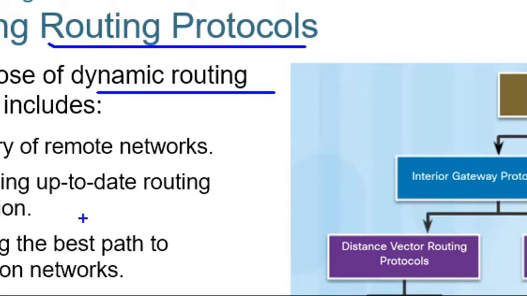They update their own routing tables when they exchange routing information. Next, using that up-to-date routing info, they can choose the best path to destination networks, and they gain the ability to automatically find a new best path if, for example, a current path is no longer available.